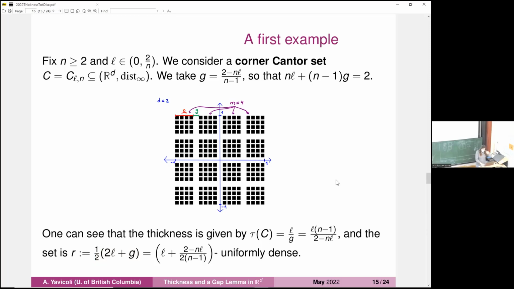Okay, so in this case, we got the thickness, exactly the number that is the thickness, and the R that we need to get the uniformly dense condition. So we can apply the Gap Lemma, but of course, we are not going to apply the Gap Lemma to 2 sets that are exactly like this, because the point here in the corner is going to be forever in the set in every step of the construction.